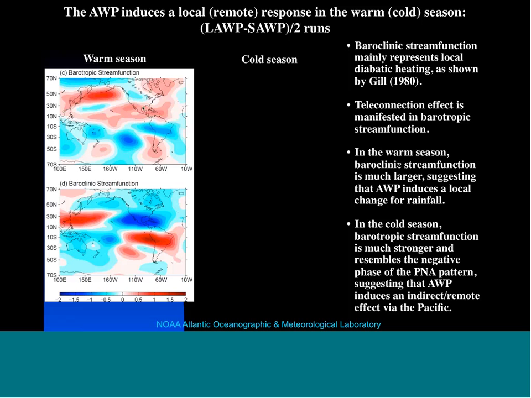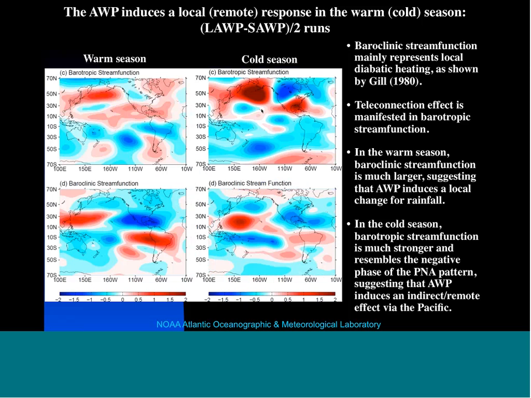However, during wintertime, the situation is totally different. Here the top panel, the barotropic stream function, is much stronger than the baroclinic stream function, which suggests the remote effect is very important.